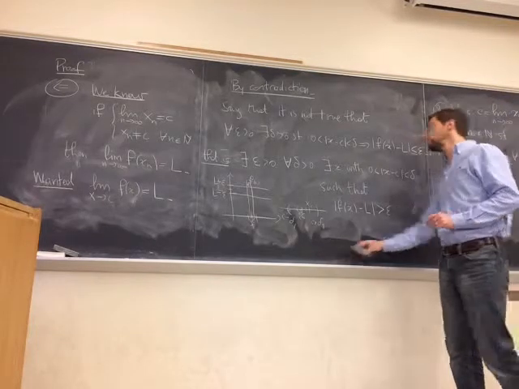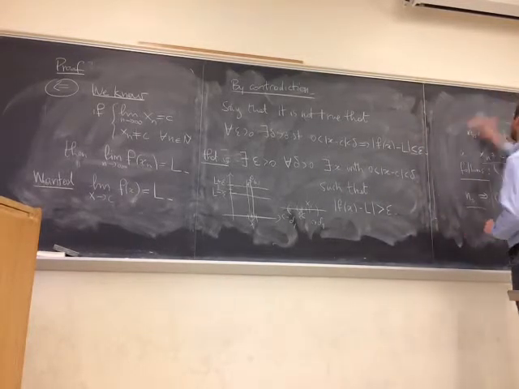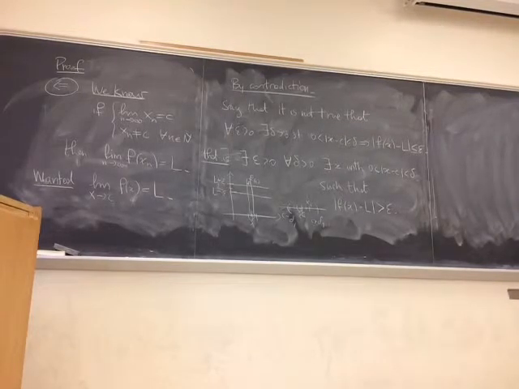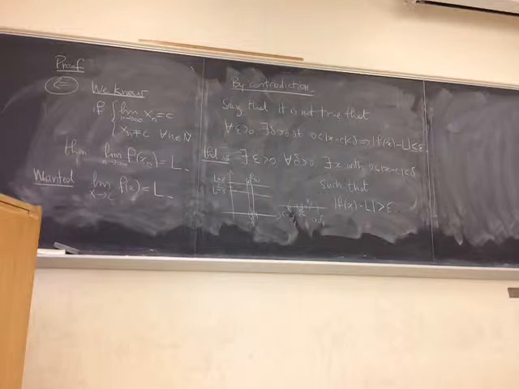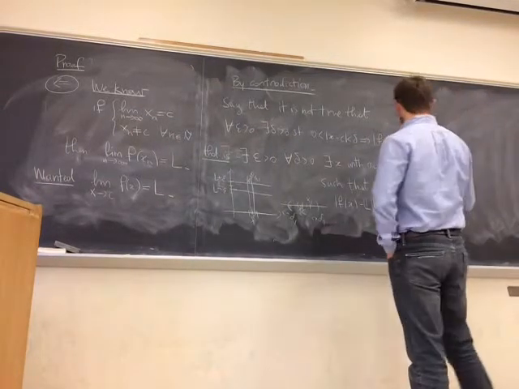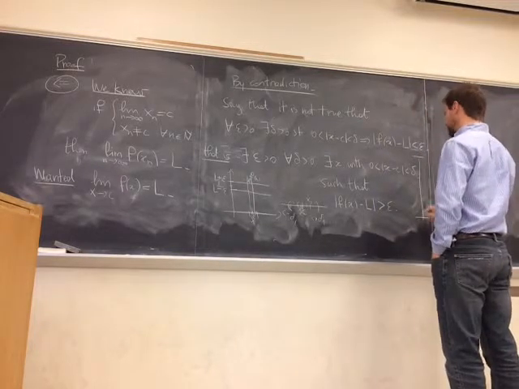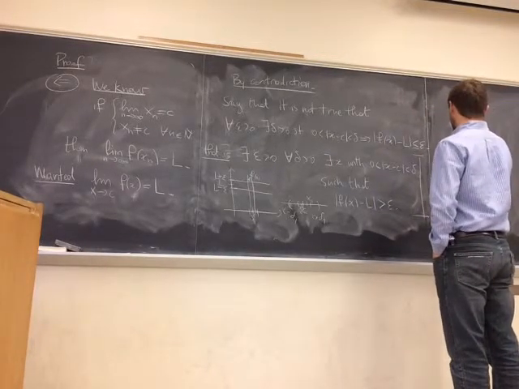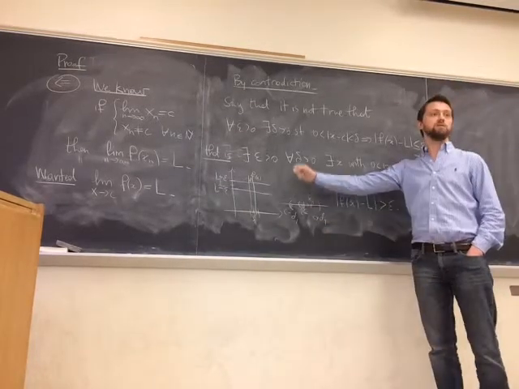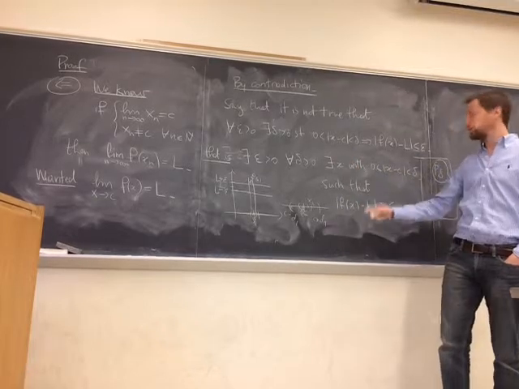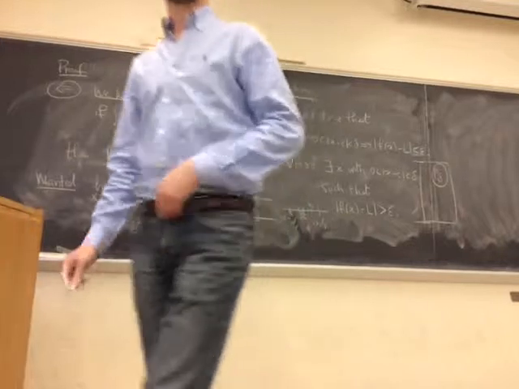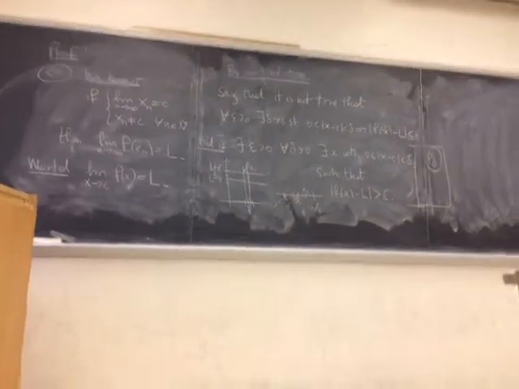So let me show you this in detail. Let us call this property, property delta: given a positive delta, I can find a point in this interval that violates the inequality. You just explained how that makes sense, but where's the contradiction?